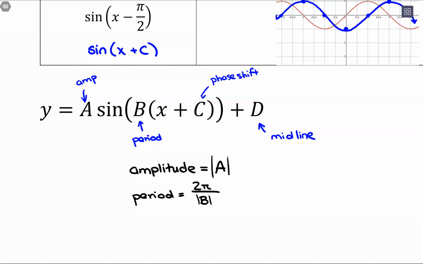C tells us about the phase shift, so a horizontal shift. And then D tells us about the midline, which is a horizontal line going through wherever D is. C can be positive or negative, D can be positive or negative, and I'll just tell you the direction that you're going in.